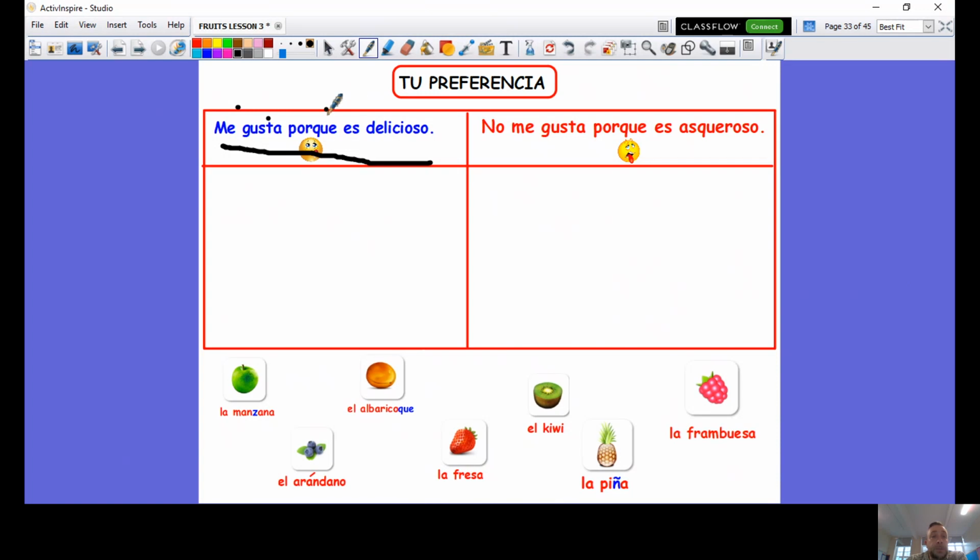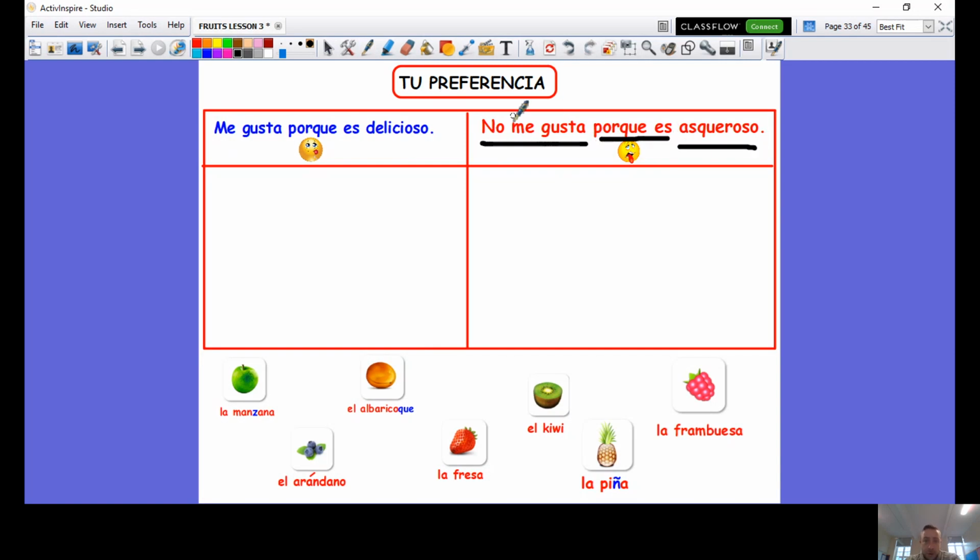Me gusta porque es delicioso. I like it because it is delicious. And on the other side, we have the opposite. It says here, no me gusta porque es asqueroso. I don't like it because it is disgusting.